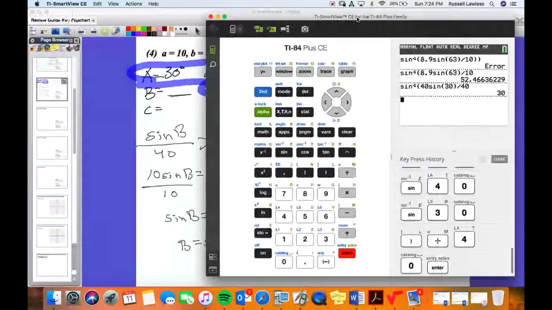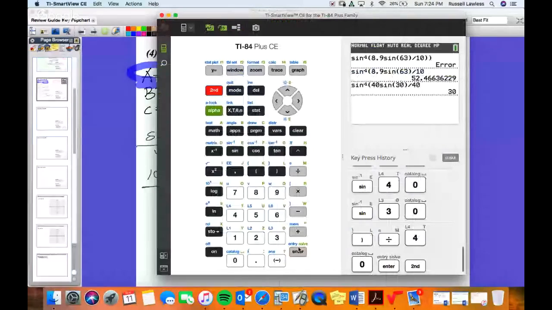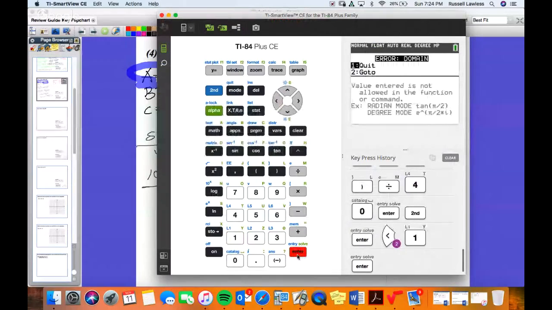So let's bring that equation back. And rather than it being 40, it should be 10. And boom, domain error. So when you get this, yes, it's good to question yourself like I did that first time when it was two triangles.